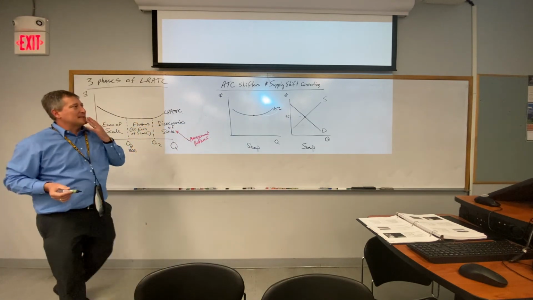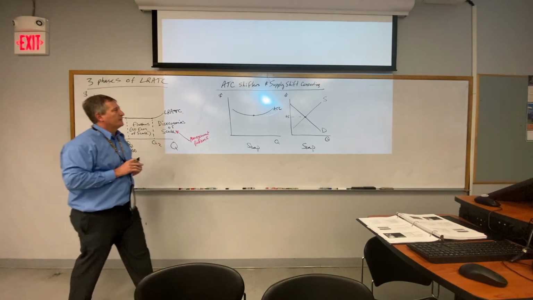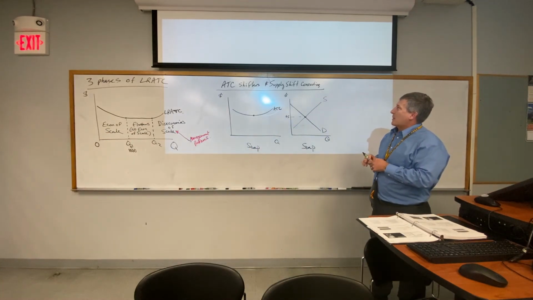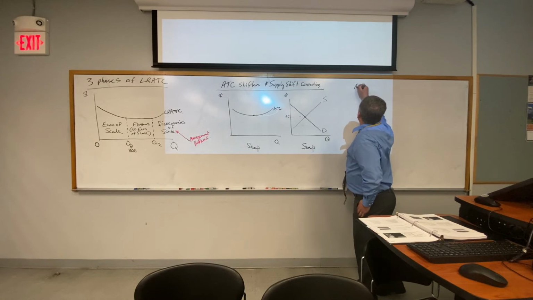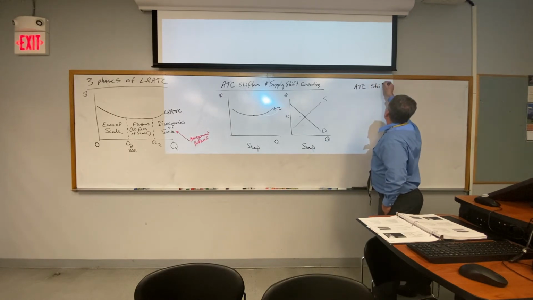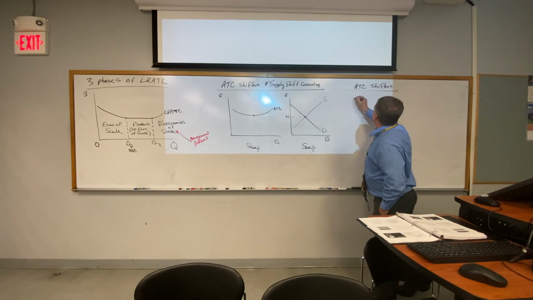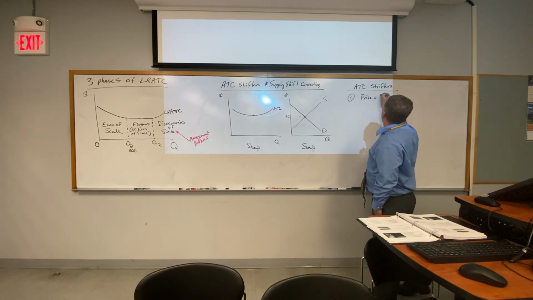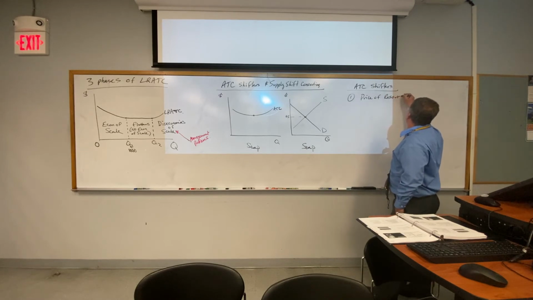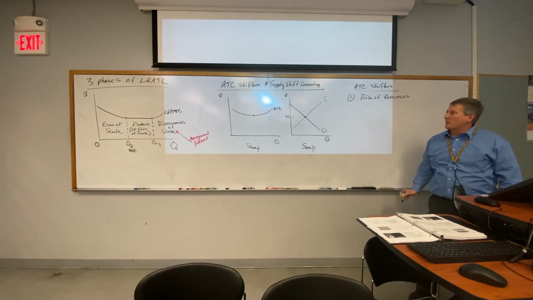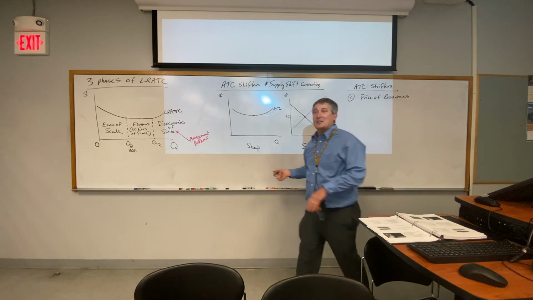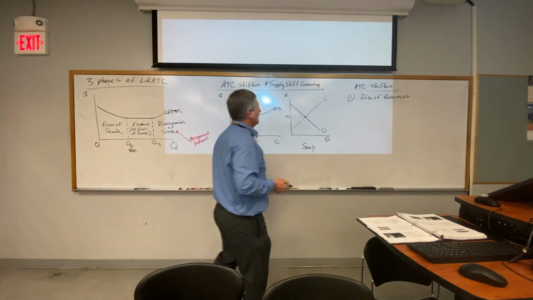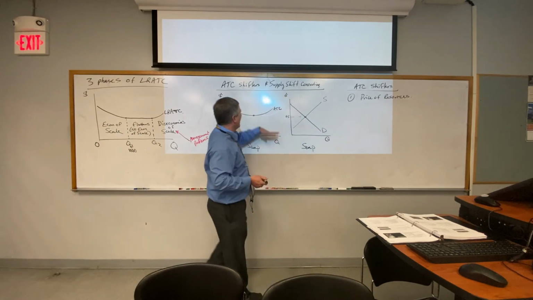And then we talked about some of those supply shifters. And so the price of resources was probably number 1. So ATC shifters, which is really going to be a replication of the supply shifters, but the price of resources. So if we make goat milk soap and the price of goat milk goes up, then that's going to cause our supply curve to shift to the left, but it's pretty easy here.